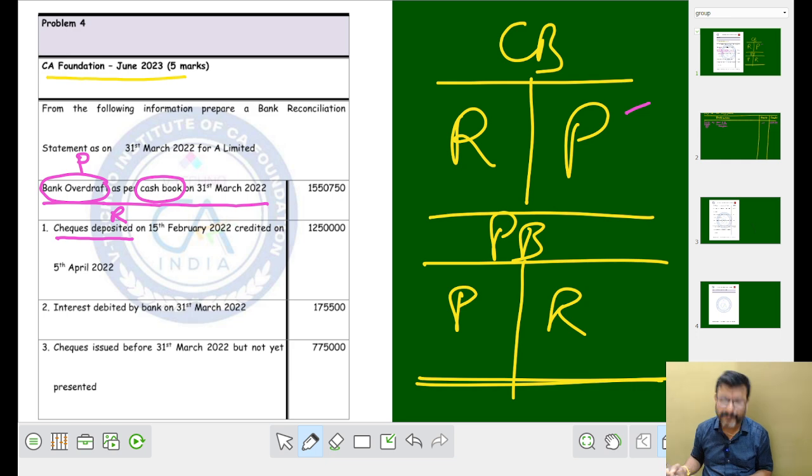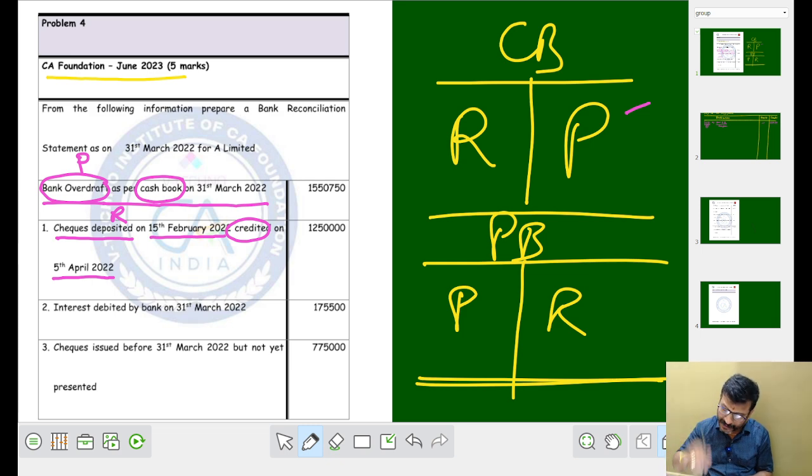When we move on to the next point, my dear kids, checks deposited. Deposited means receipt. On 15th February, which is within 31st March, but credited on 5th April. When it is credited on 5th April, it means not credited in March.